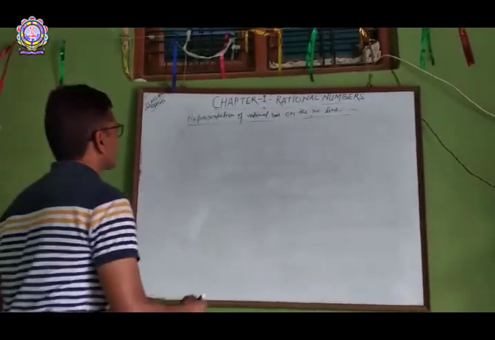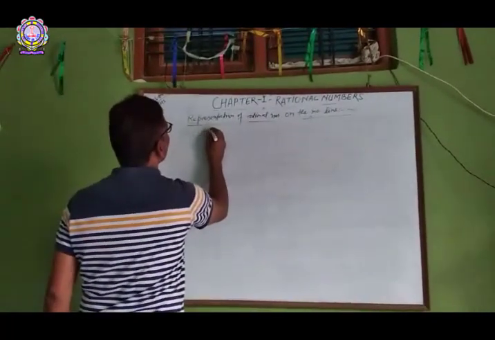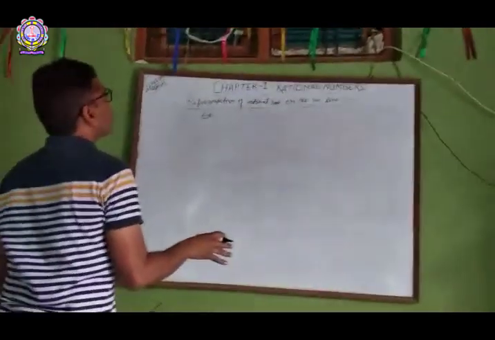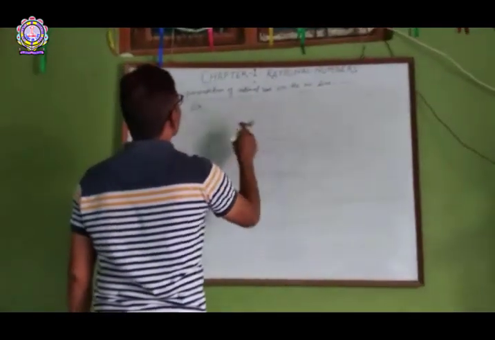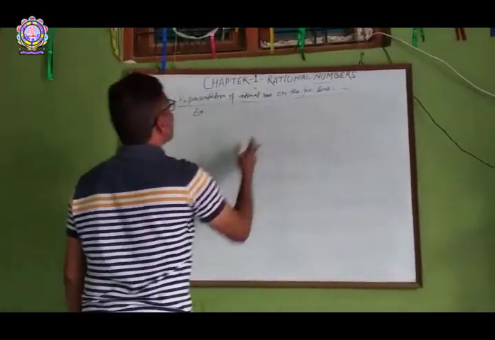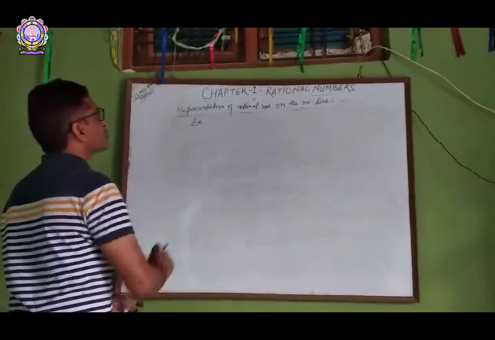Let us take some example. If you want to represent some rational numbers on a number line, how will you perform this?